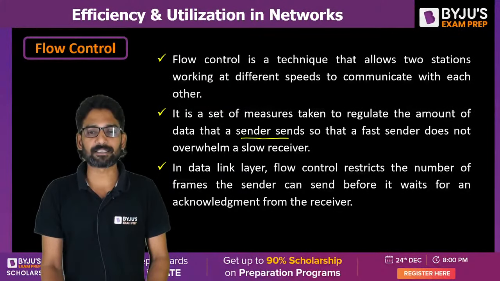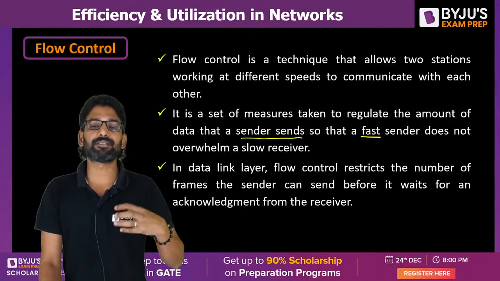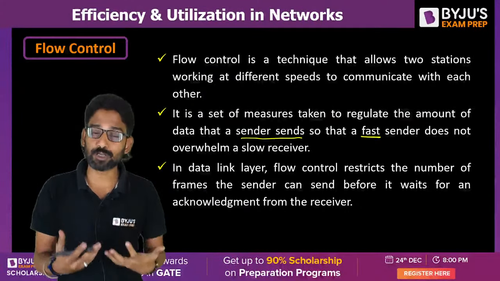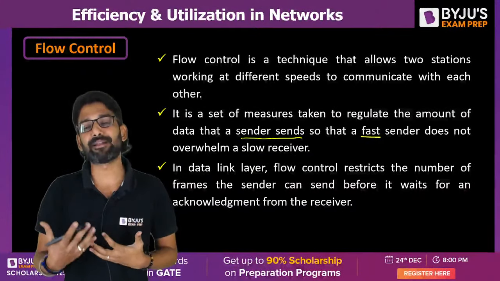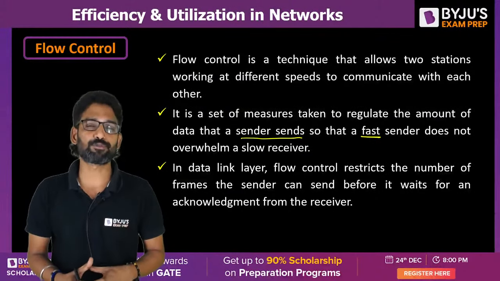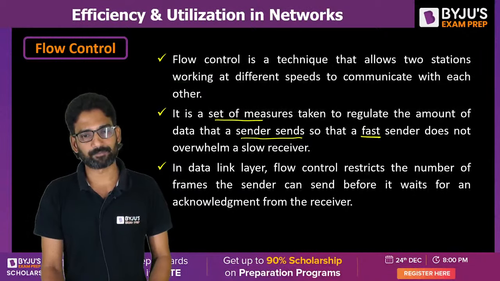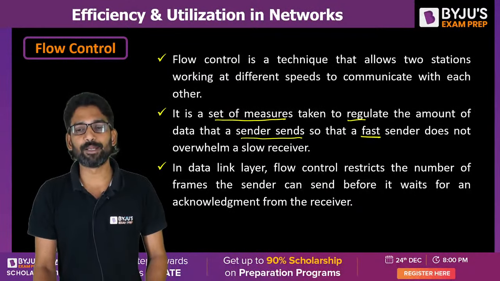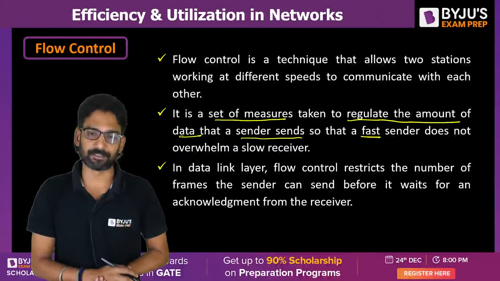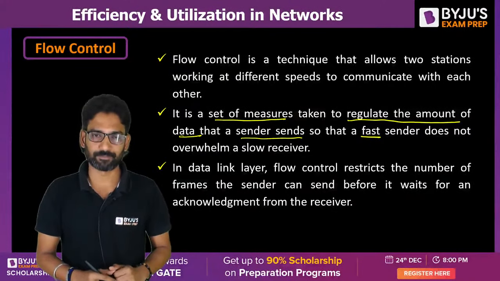When the sender sends at a faster rate and the receiver is unable to receive at that speed, then obviously data loss occurs and multiple retransmissions become necessary. So we have to implement some measures to regulate the amount of data sent by the sender so that the receiver is able to receive without any data loss.